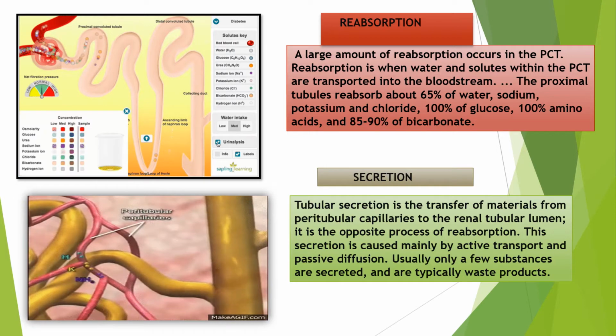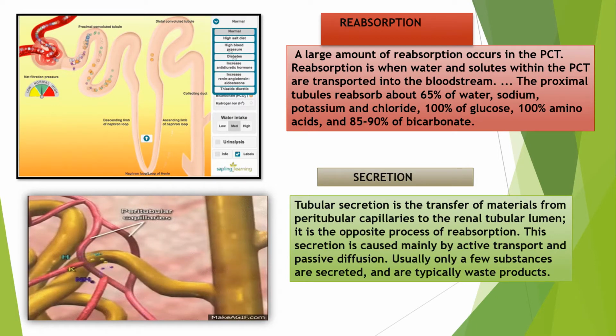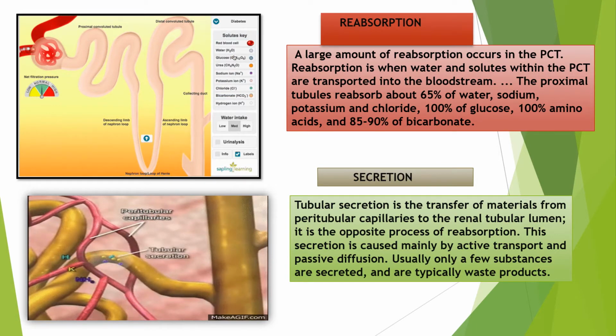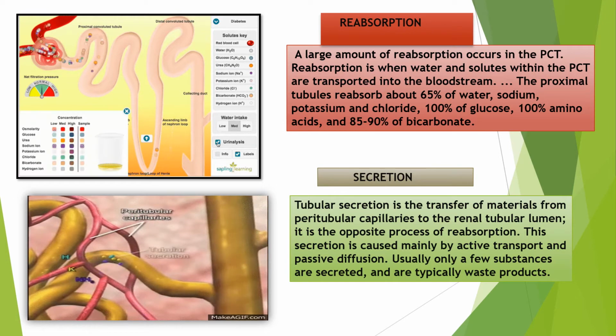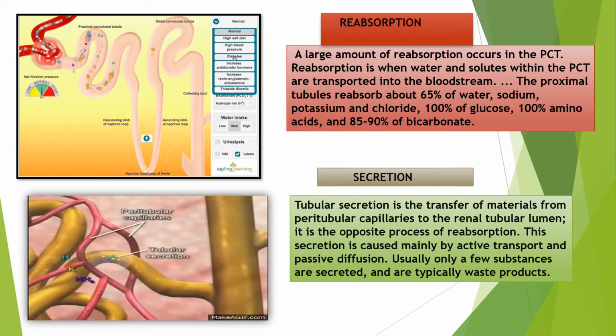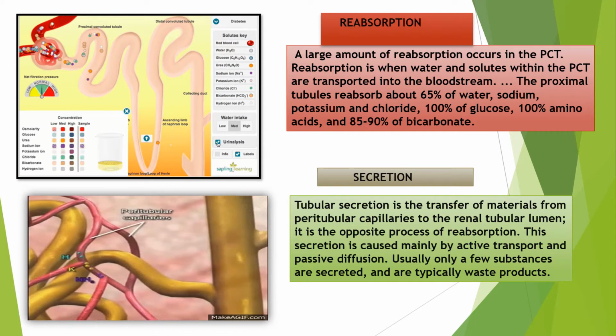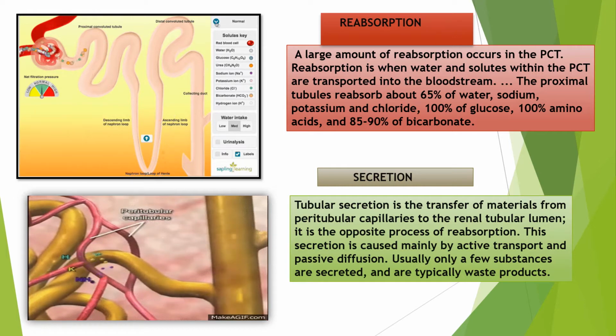The proximal tubules reabsorb about 65% of water, sodium, potassium, and chloride, 100% of glucose, 100% amino acids, and 85 to 90% of bicarbonate. Bicarbonate means HCO3. It's a radical. Next one, you can see in the diagram, it has been shown clearly that reabsorption is happening in the proximal convoluted tubular portion.